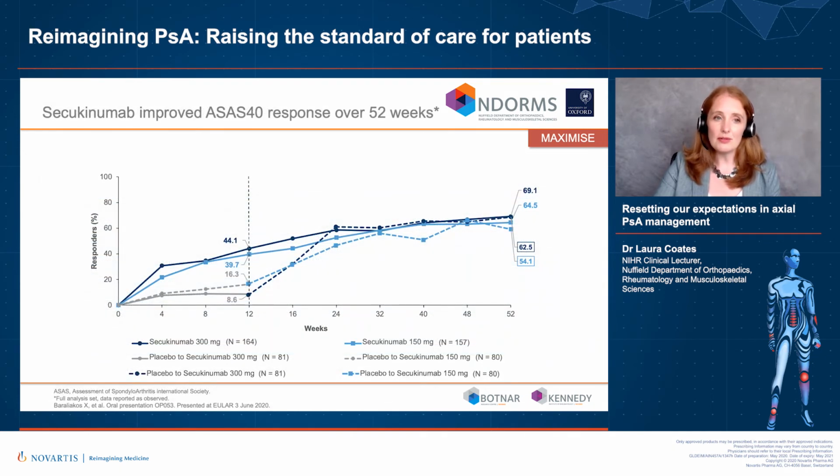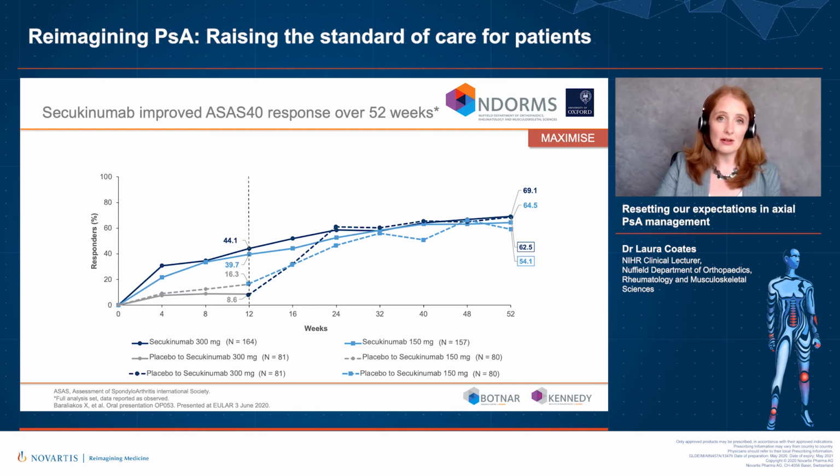When we look at the response rate, this is looking at the ASAS 40 over 52 weeks. You can see the primary endpoint at week 12, where you can see a clear separation between the drug and the placebo in favor of both the secukinumab 150 and the 300 milligram arms.